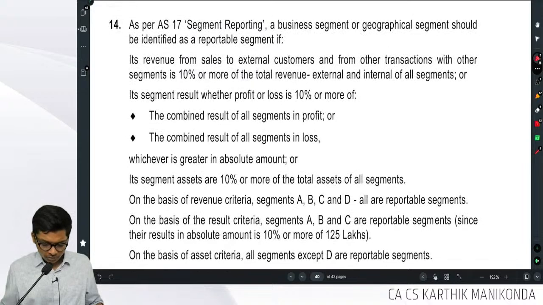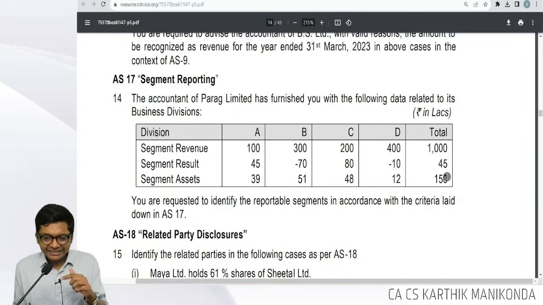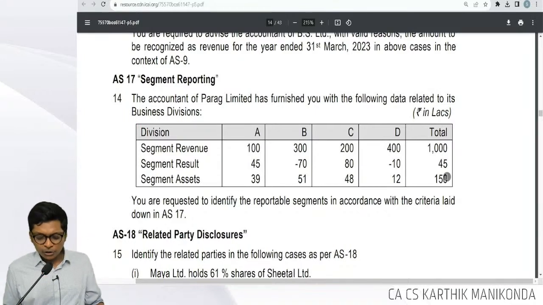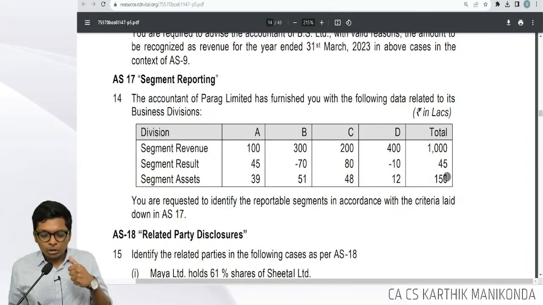Yeah. So if you follow, guys, segment assets, total is 150, 10% is 15. Anything that crosses 15, so segment A, B, C will be recorded, D will not be reported. As per revenue test, total is 1000, 10% is 100. Anything that crosses 100, A, B, C, D, all will be reportable segments.